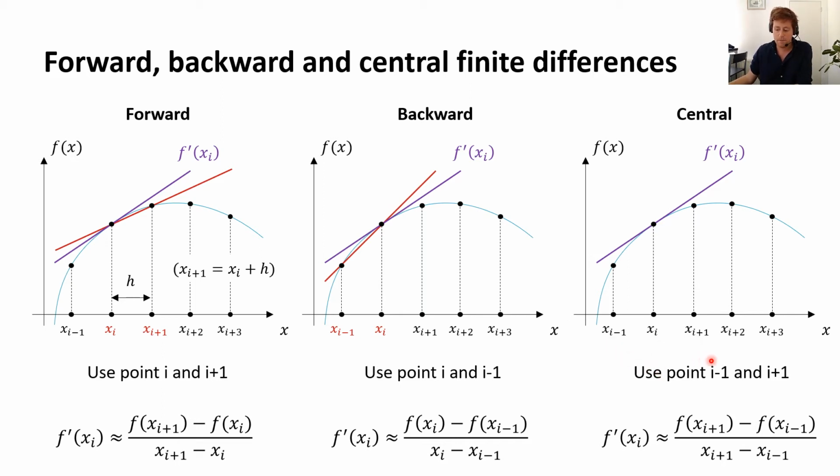We do a similar thing: we subtract the function values evaluated at these points and divide by the difference in inputs, or x values, used to compute these function values. This corresponds to this red line over here, and the slope of this line serves as an approximation for the slope of the purple line.